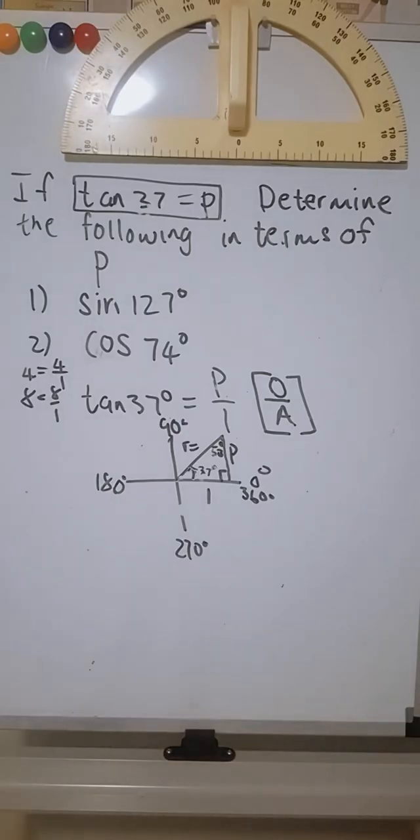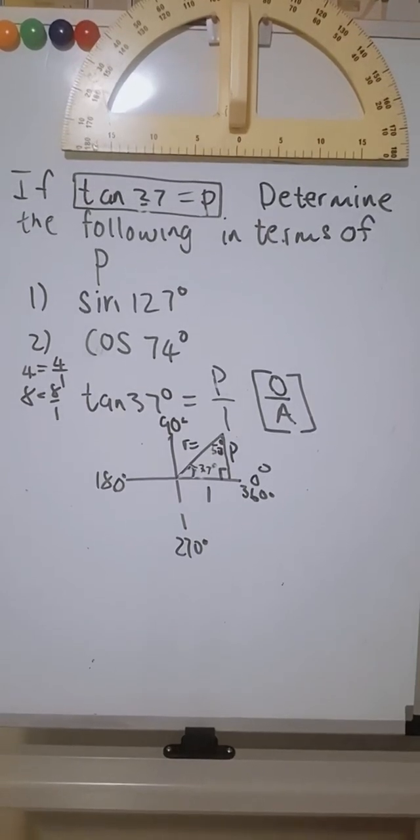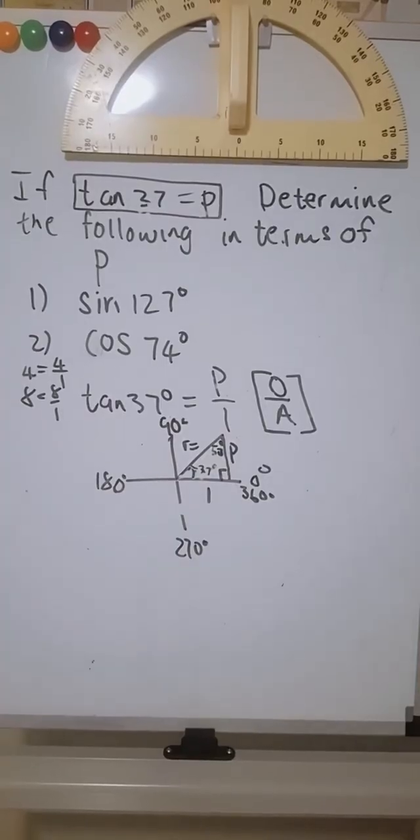In order to find R, guys, what do we use to find R? What do we use as usual? Anyone want to answer me? What do we use to find R?